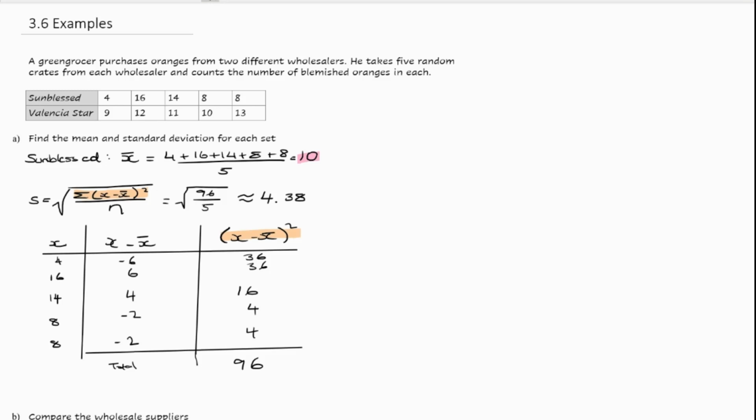The same can also be completed for my Valencia star. So for Valencia star, I've got my mean again, which is 9 plus 12 plus 11 plus 10 plus 13, all over 5, and this is equal to 11.